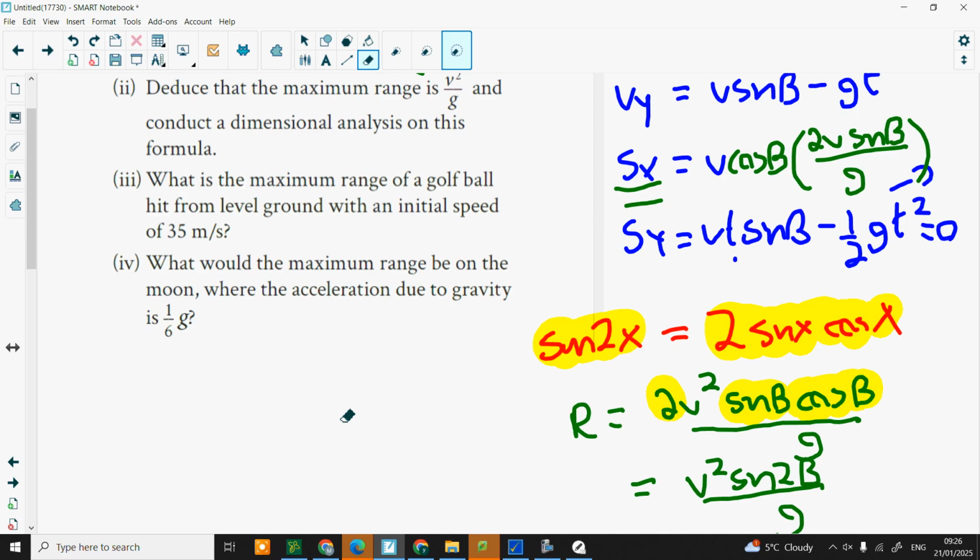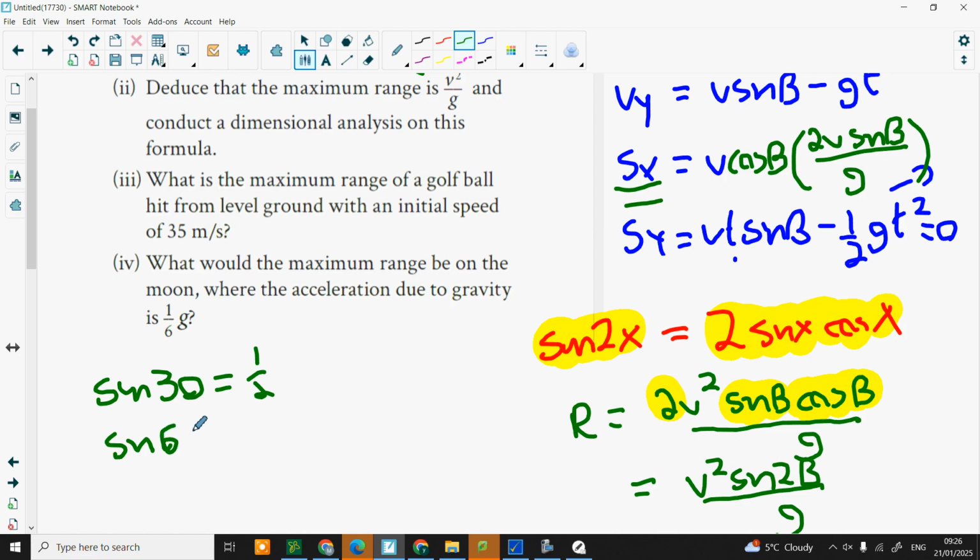Okay, I want you all to take out your calculator really quickly. Right, I'm just going to do a quick little spot check on sine. You ready? Okay. What's sine 30? What's sine 60? 0.866, yeah.